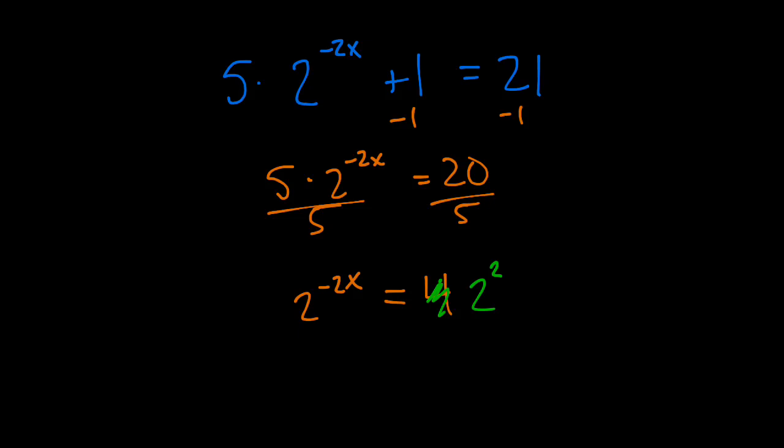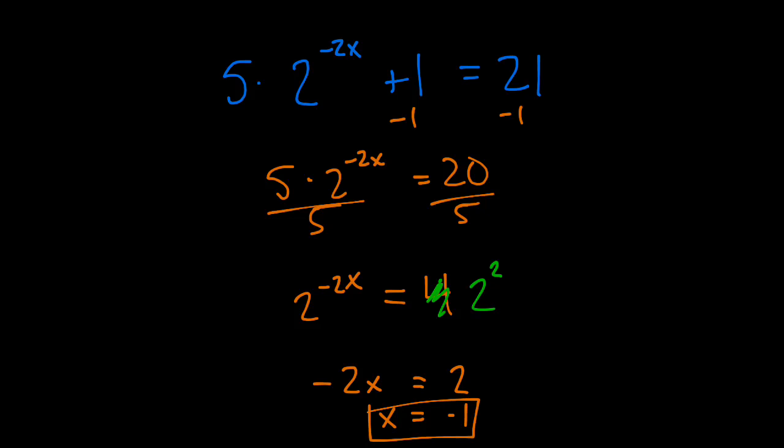So if we have 2 to some power on this side and 2 to some power on this side, and we want these two sides to be equal, well, then our exponents have to be equal. So essentially you could take log base 2 on both sides, and we would end up with negative 2x equals 2. Divide by a negative 2, and x is, excuse me, negative 1.